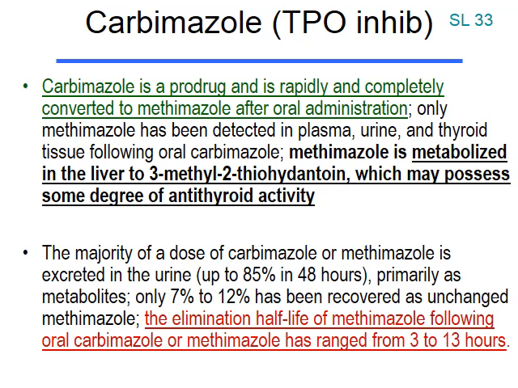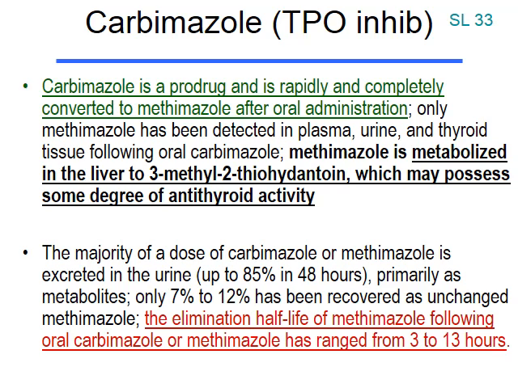And realize that methimazole, when it's being metabolized, is metabolized in part to an active metabolite. It's known as 3-methyl-2-thiohydantoin, and this methimazole metabolite has some activity, not as much as methimazole, but nevertheless would be considered an active metabolite.